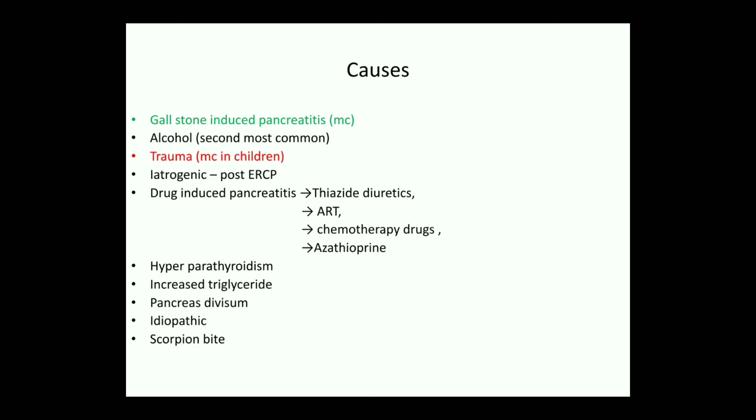So let's look into the causes of acute pancreatitis. And the most common cause of acute pancreatitis, contrary to the popular belief that alcohol is the main reason, is not alcohol.